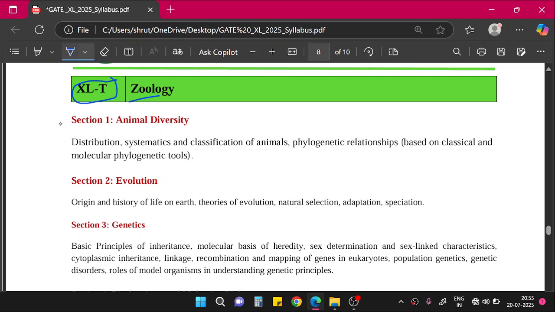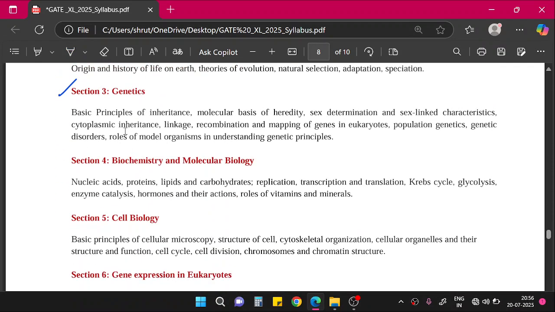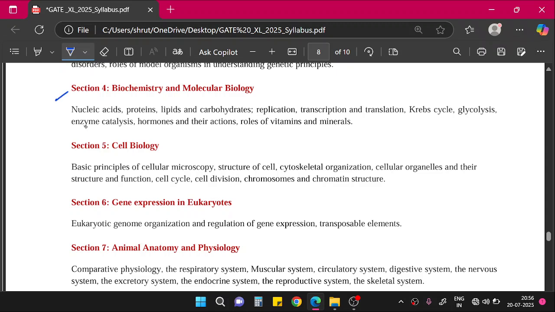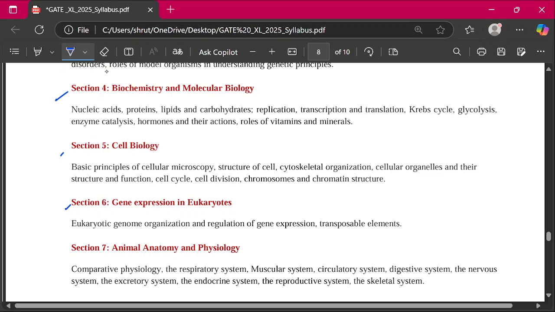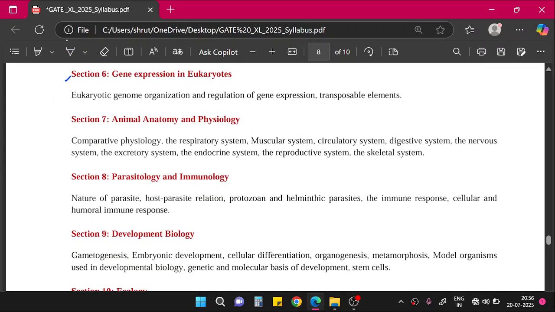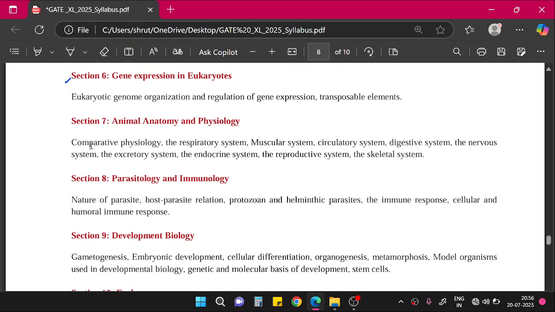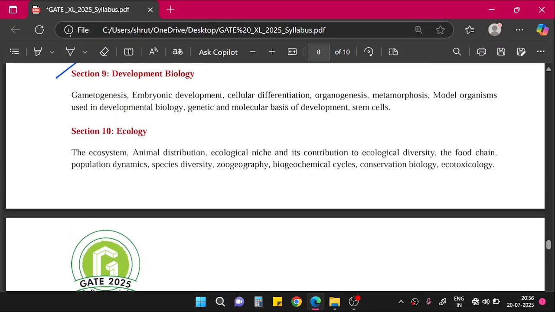Section 1 is animal diversity, section 2 is evolution, section 3 is genetics, section 4 is biochemistry and molecular biology, section 5 is cell biology, section 6 is gene expression in eukaryotes, section 7 is animal anatomy and physiology, section 8 is parasitology and immunology, section 9 is developmental biology, and section 10 is ecology.